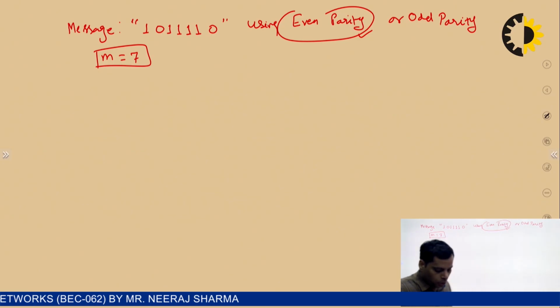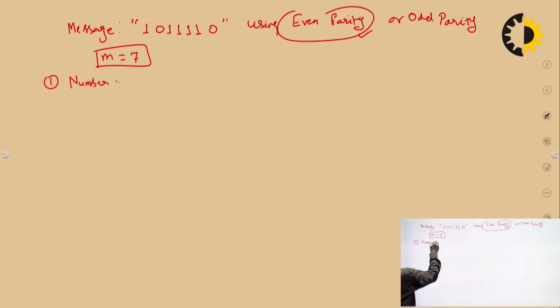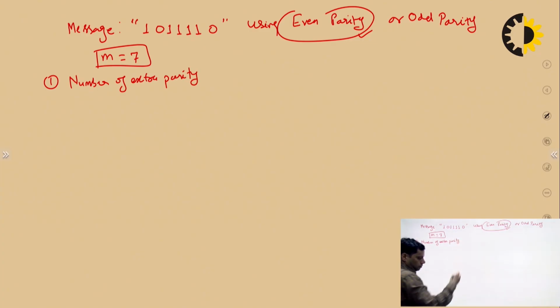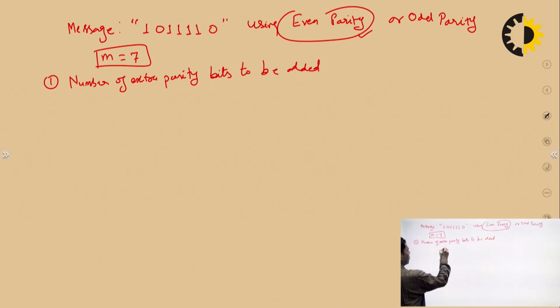The number of extra parity bits to be added is given by 2 raised to the power p is greater than or equal to m plus p plus 1. This will be the formula.